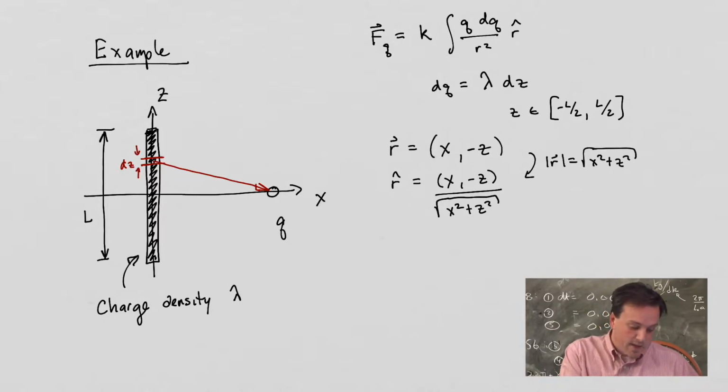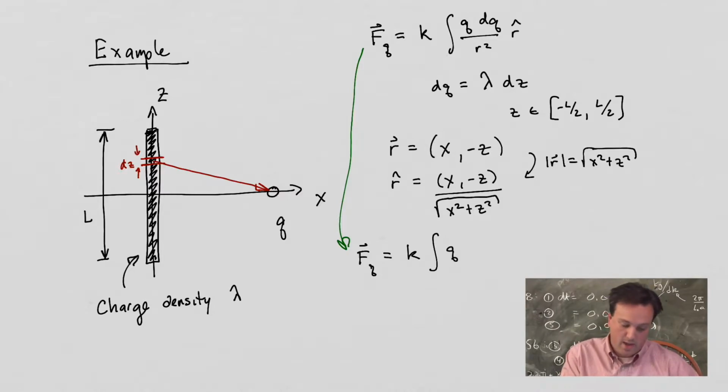And so now I can take my expression and I can plug in what I know. So F on q is equal to k times the integral of q. And now I have my dq, which is lambda dz, times r hat over r squared.